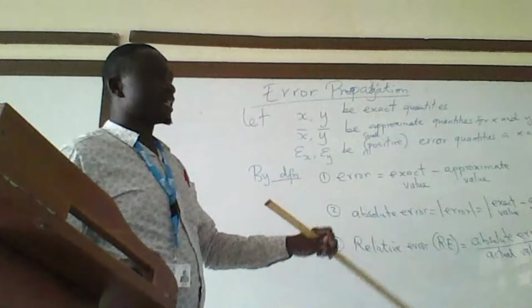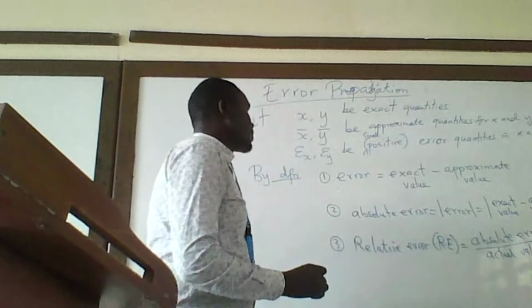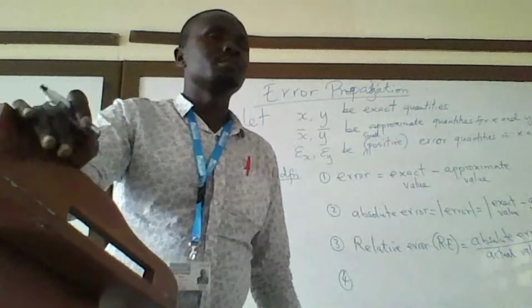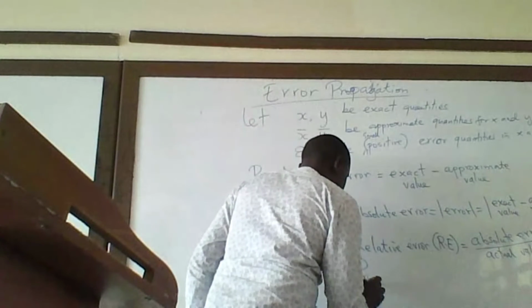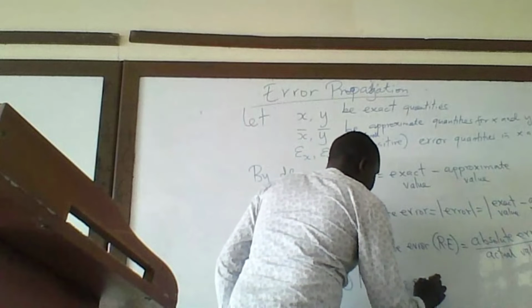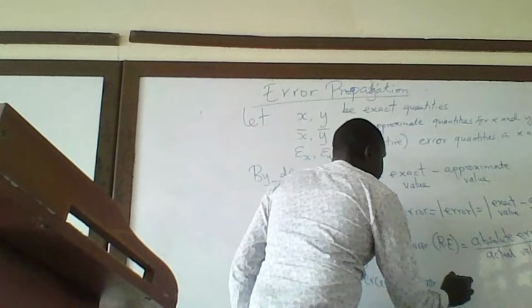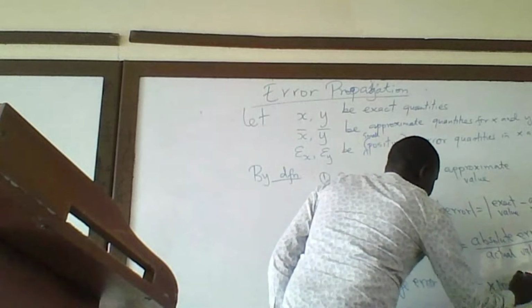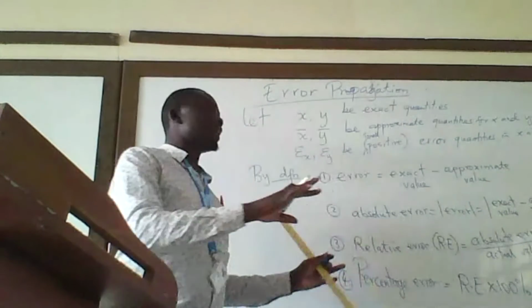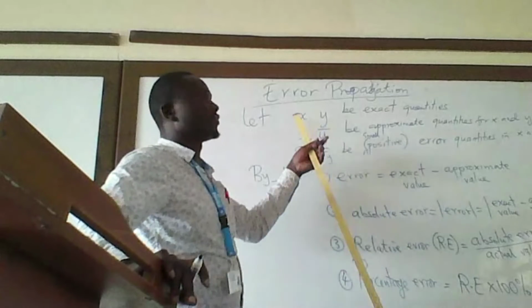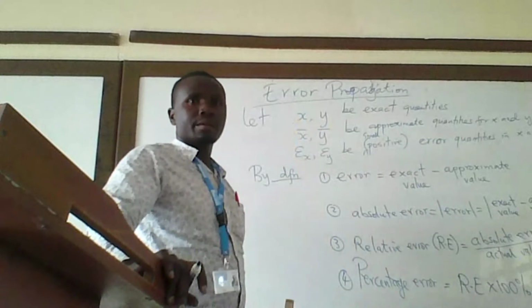The word actual and exact are exactly the same thing. And then the other one is percentage error, okay? Percentage error is relative error times 100%. So that's what we have. So these are the backbones of things we are going to use to define error propagation.